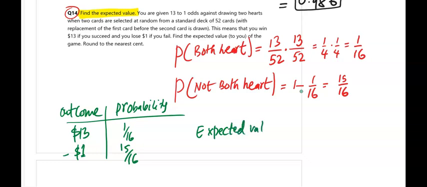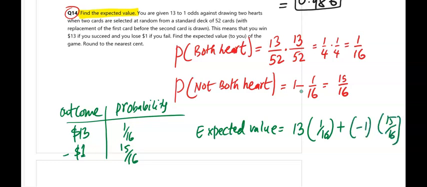Okay, so the expected value equals 13 times 1/16 plus -1 times 15/16. Basically you multiply the outcome with the probability and add them. This gives you 13/16 minus 15/16, which is -2/16. This is the same as -0.125.